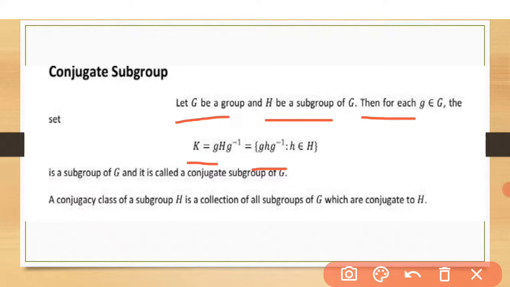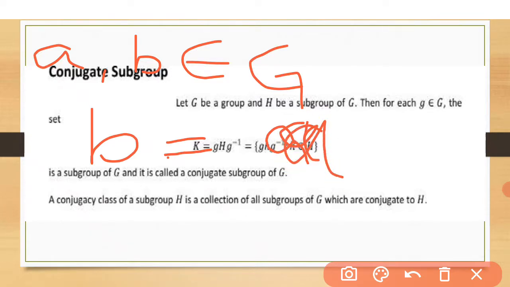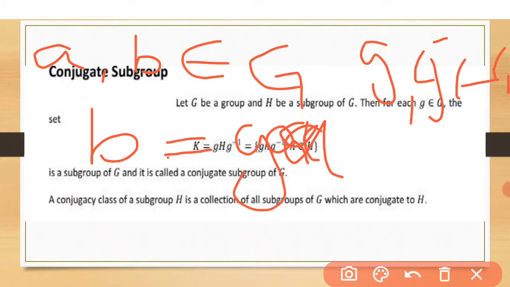First we need to know what is conjugate. Let me say that this is a group G and a, b belong to G. These two elements belong to G. Then b is the conjugate of a if there is an element g, and g inverse also belongs to G, we put g here and g inverse here.